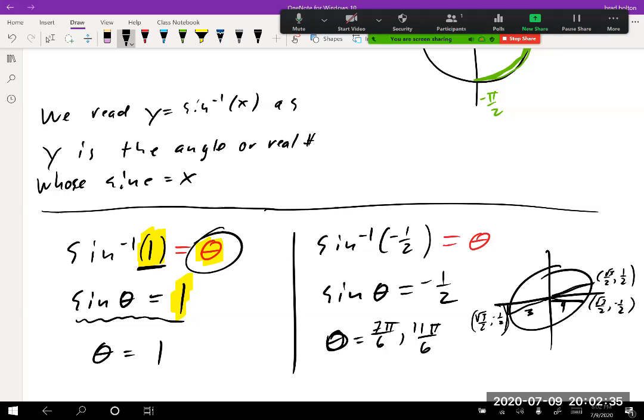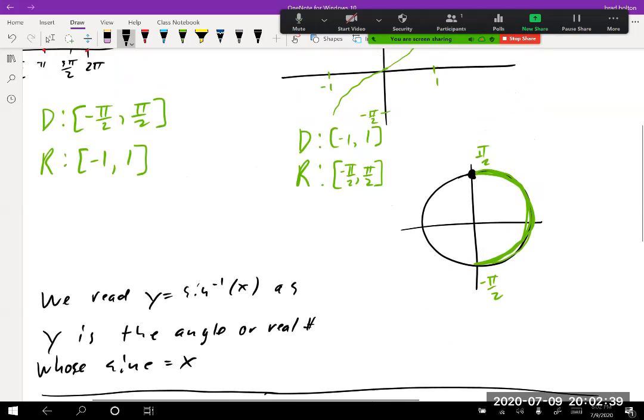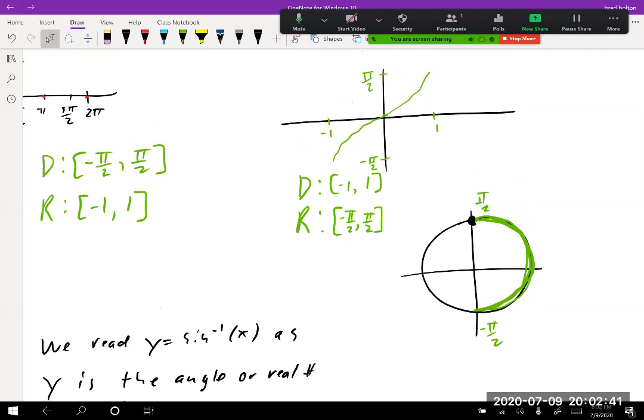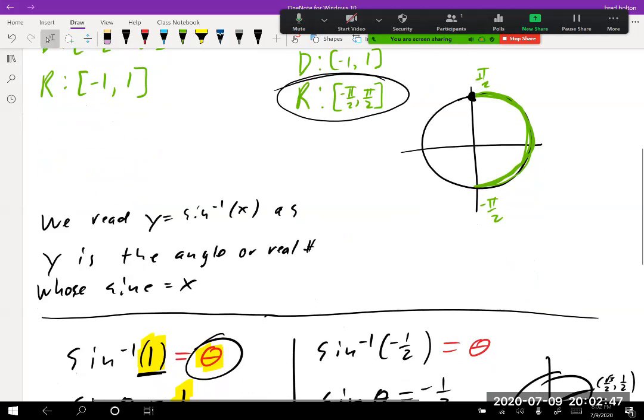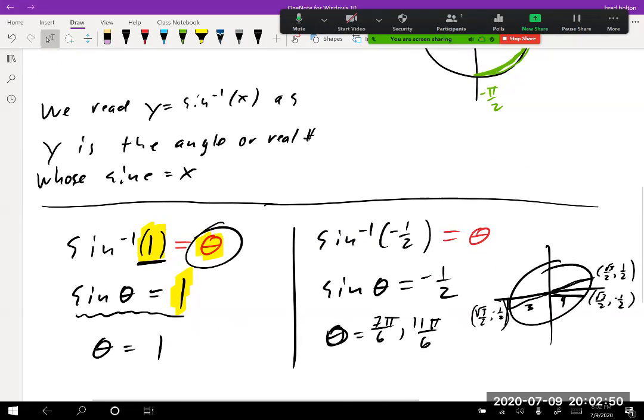But both of those are not right, because remember, we said that the only angles that can be spit out by an arc sine are between negative pi halves and pi halves. So we have to find an angle in here that's equivalent to 11 pi over 6.